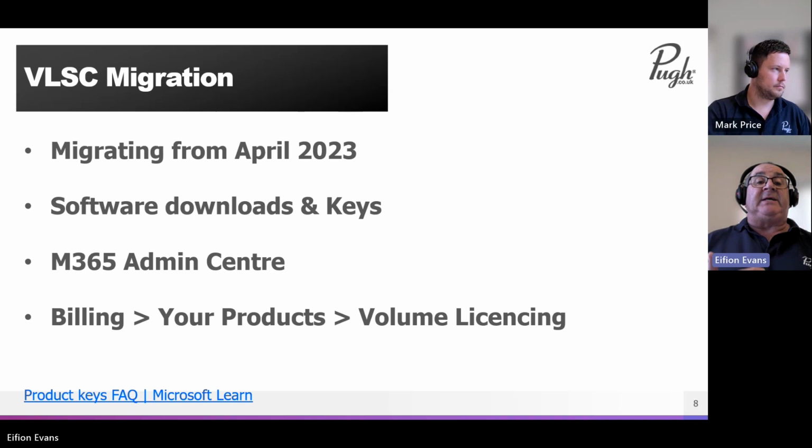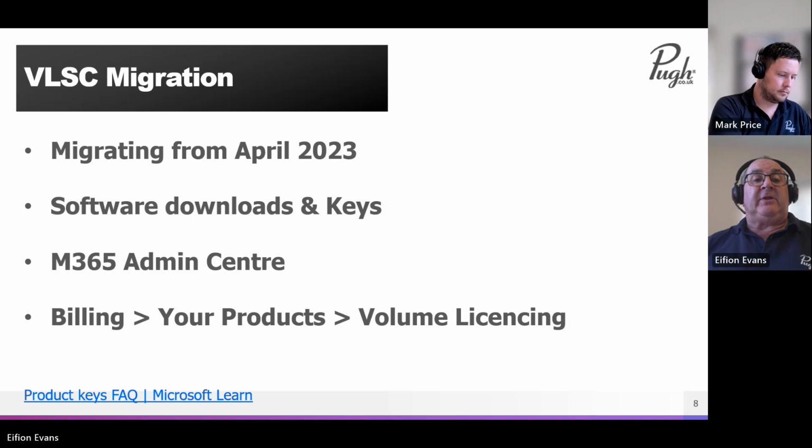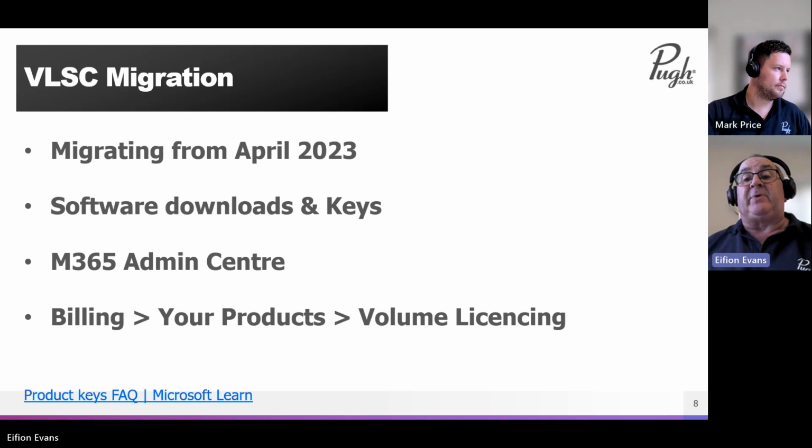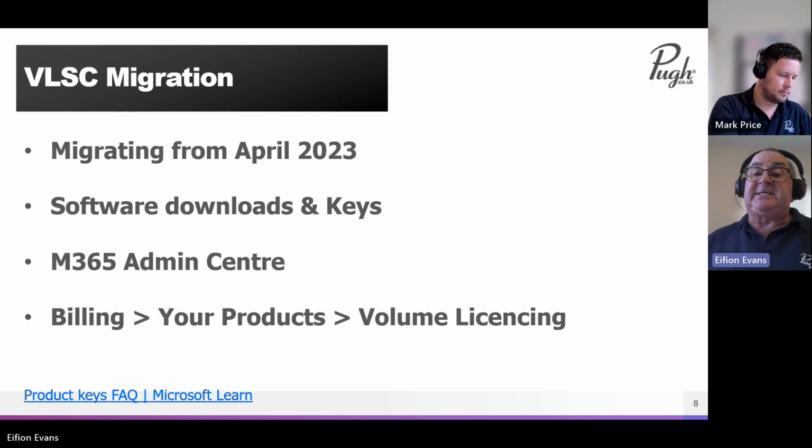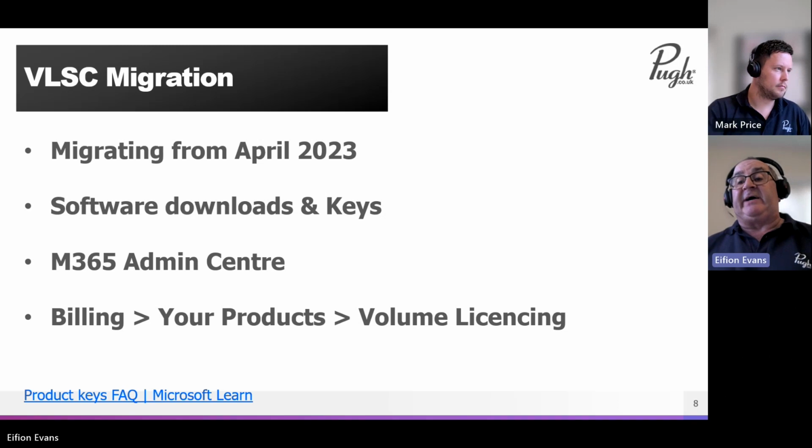So they've started migrating VLSC functionality since the start of April. The functionality they've transferred is software downloads and keys, which is probably what you use the Volume Licensing Center most for. So these have been moved to the Microsoft 365 Admin Center.